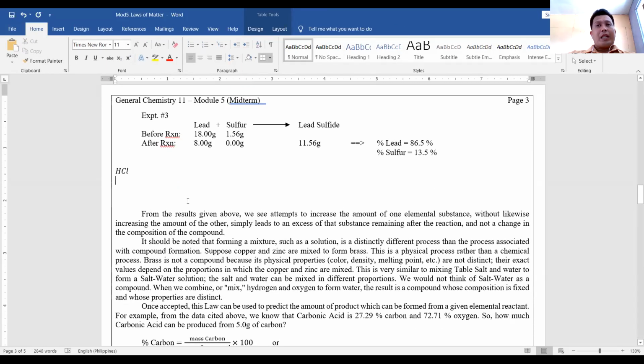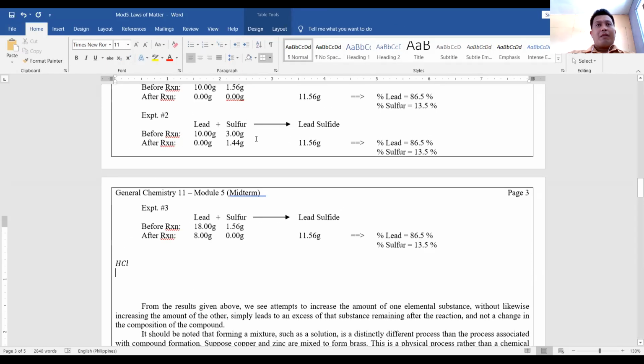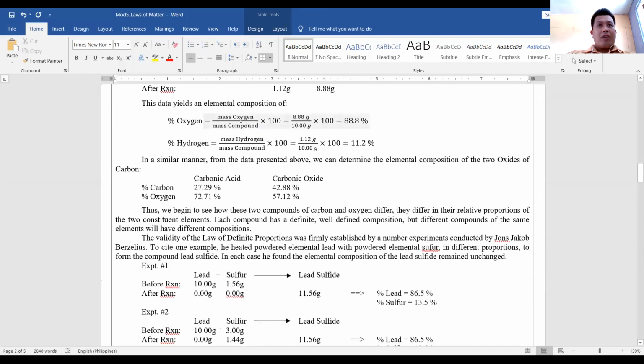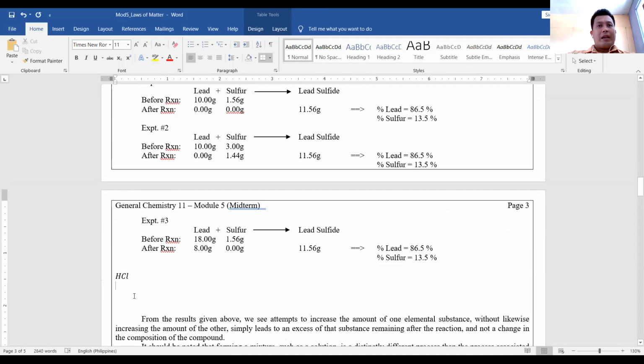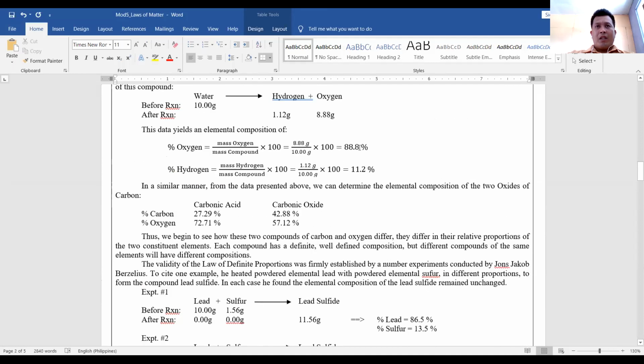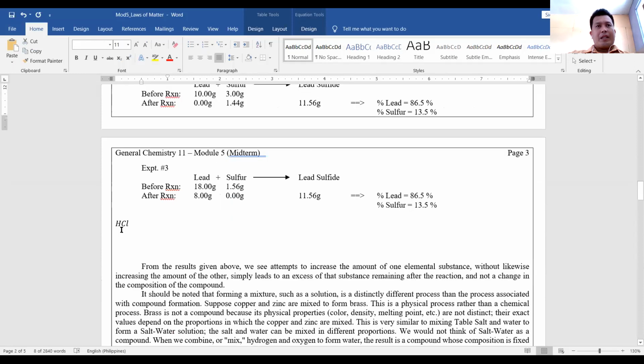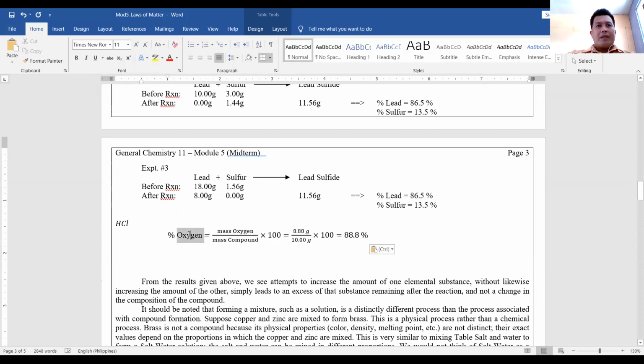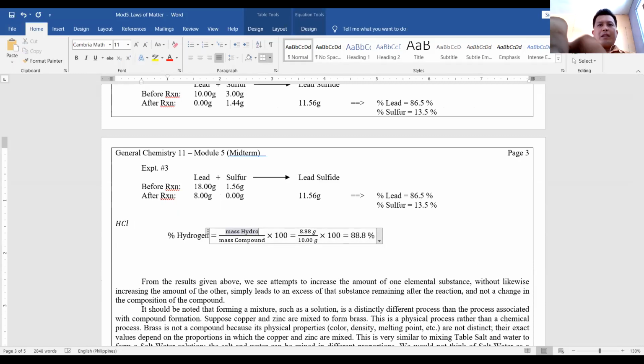So if we look at it in percentage composition from the formula, the mass of the element divided by the mass of the compound. So let me copy this one. We look at the percentage composition of hydrogen from here. So let's find the mass of hydrogen divided by the mass of the compound.